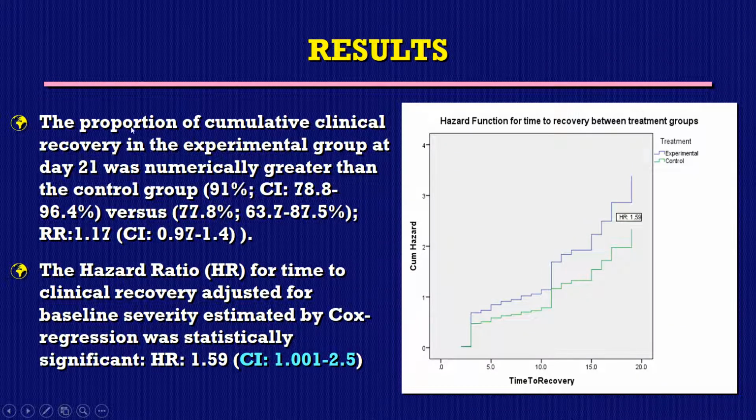The proportion of cumulative clinical recovery in the experimental group at day 21 was numerically greater than the control group: 91% with confidence interval from 78.8 to 96.4% versus the control group, which showed 77.8% with confidence interval 63.7 to 87.5%.